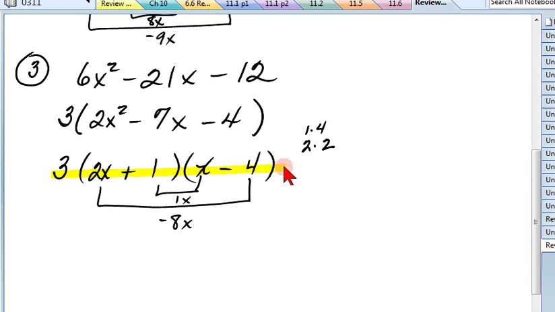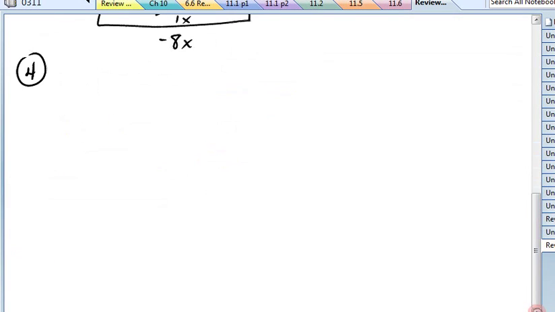All right, number 4. I have 25x squared minus 16. There's no common factor. This is a binomial. I have 3 kinds of binomials, the difference of squares, the sum or difference of cubes.